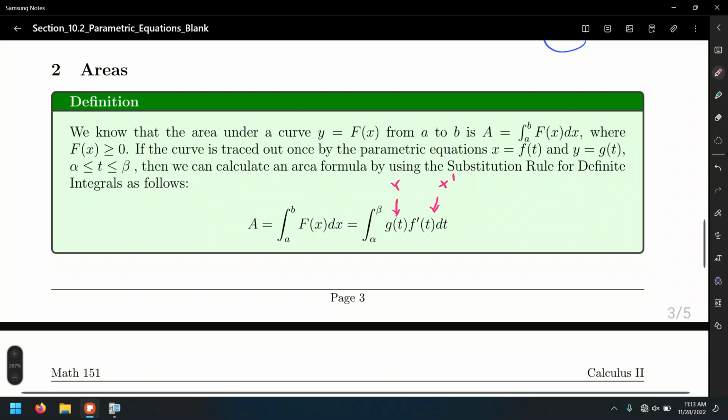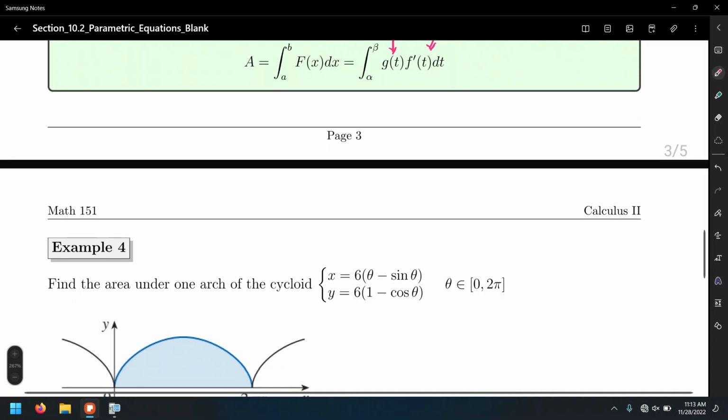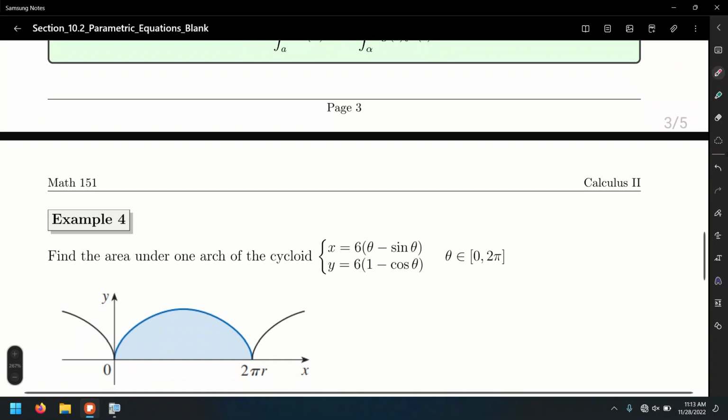Then we're going to look at the graph of what we are finding the area for. You'll see. I have attached a picture of it in the PDF file, for those of you who printed it, or have the handout on your tablet or your laptop. So this kind of function is called a cycloid.